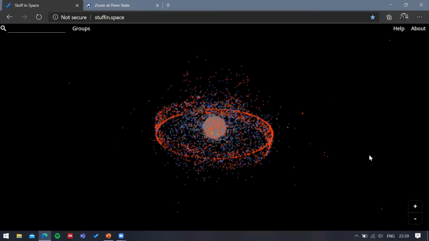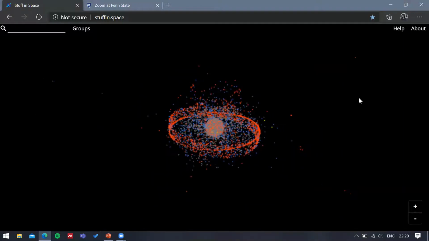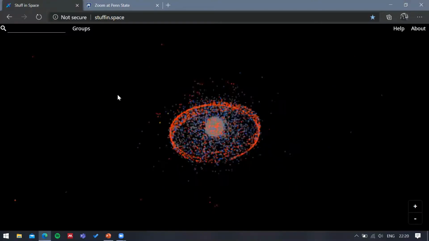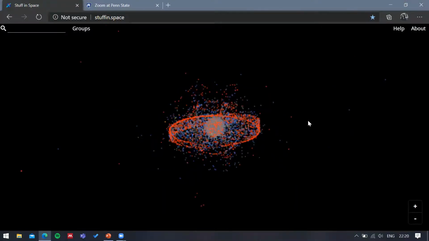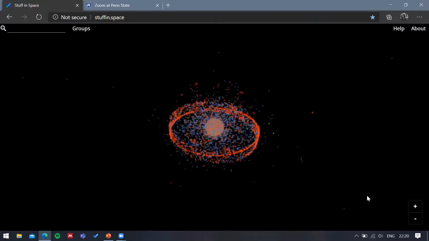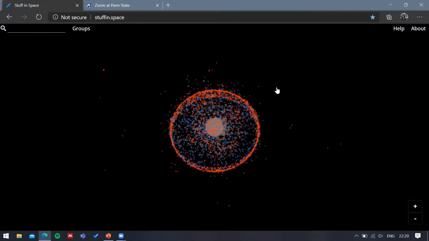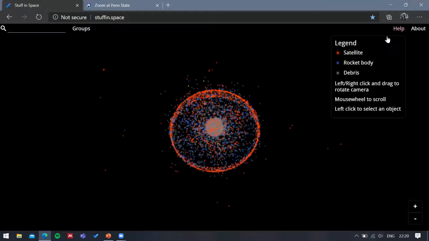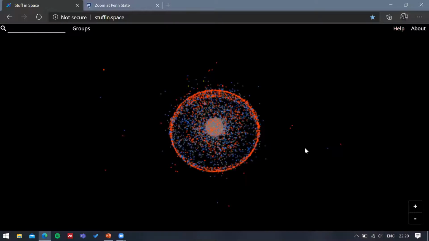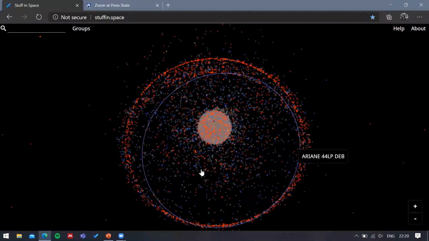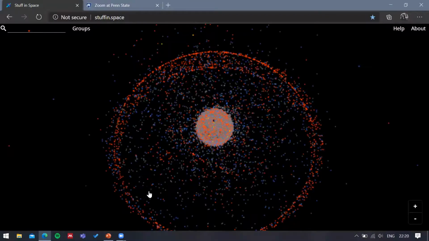And I would like to get your attention back to this diagram, this visualization, which now, from the perspective of SSA, you can see that there is a ton, which is probably an understatement, but you can see that there is quite a lot of stuff out here. And here the red objects are the satellites, the blue objects are the rocket bodies, and there are quite a lot of those blue objects.